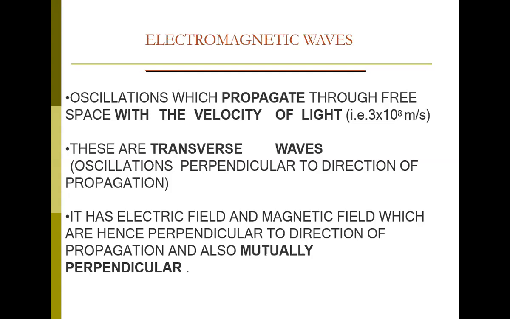Radio waves are also known as electromagnetic waves, with electric and magnetic fields. The electric field and magnetic field are perpendicular to the direction of propagation, and also mutually perpendicular to each other.